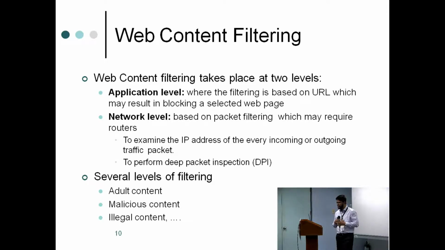The filtering could be at different levels. There is adult content filtering. There's filtering for malicious content, whether a content has something malicious built within. There is also now web content filtering for illegal downloads.